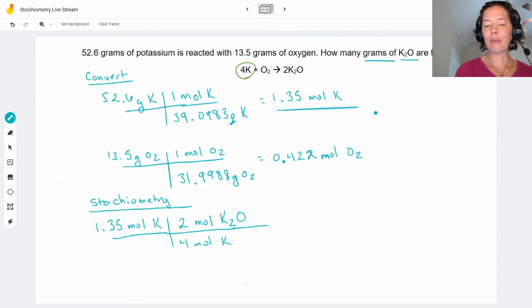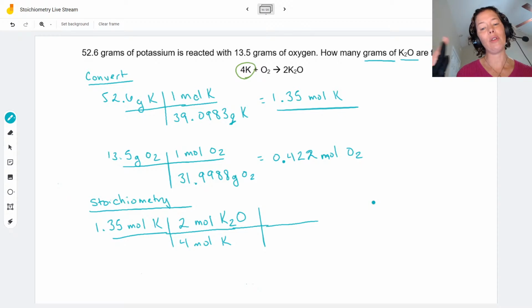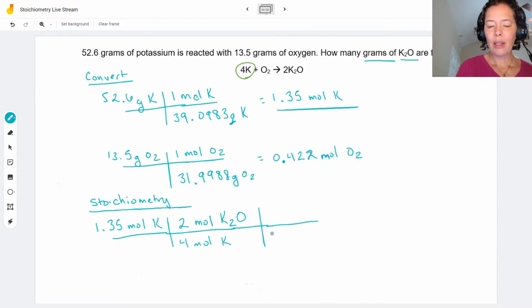And because it asked me for grams, I'm going to put one more conversion factor in here. I'm going to convert from moles to grams. So I do have the molar mass of potassium oxide, and that is 94.196 grams per mole.